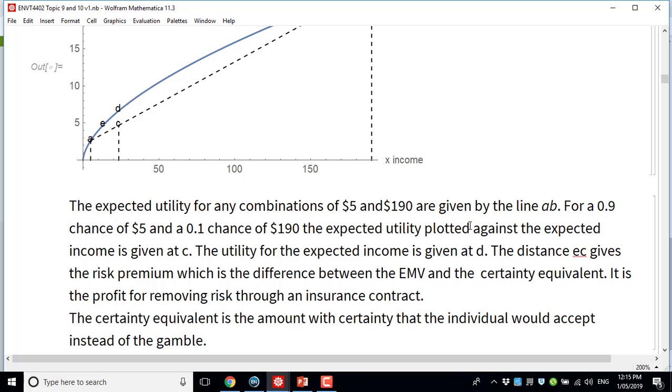So E is the point where the line and the curve cross, which is EC. So EC is our risk premium.